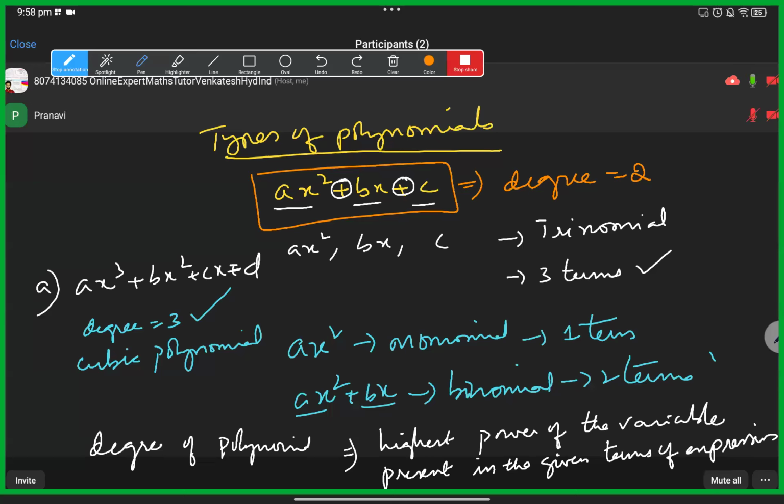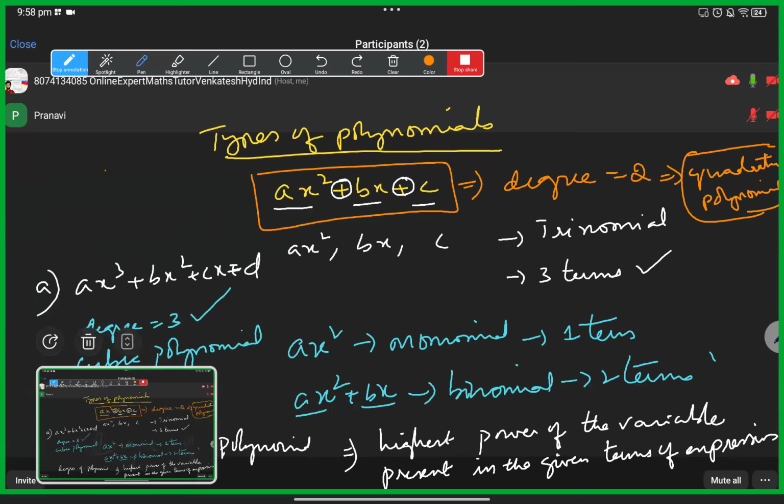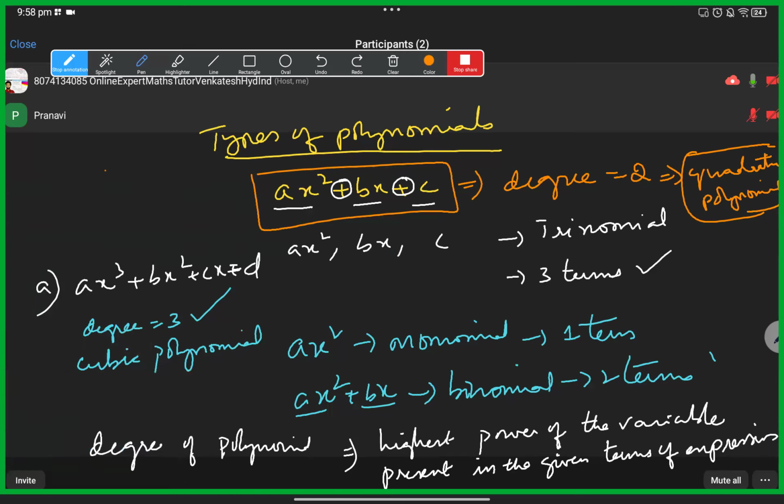If the degree is 2, what will we call that particular polynomial, Pranavi? Quadratic polynomial. Yes, Pranavi, that is correct.